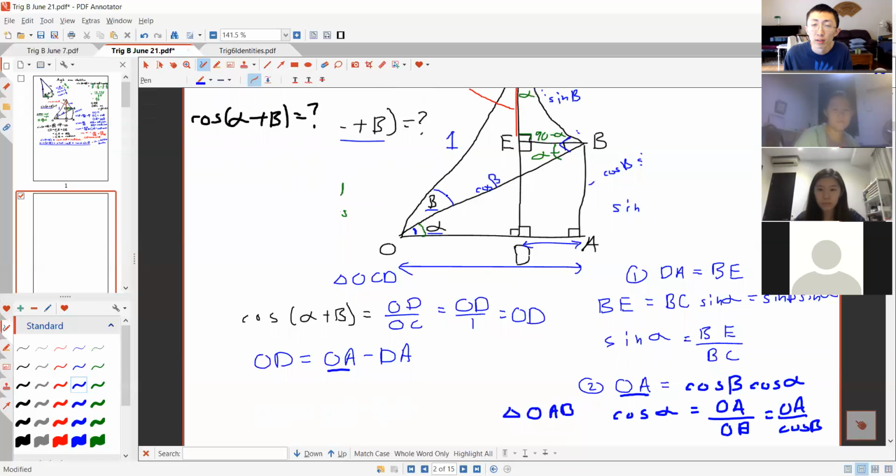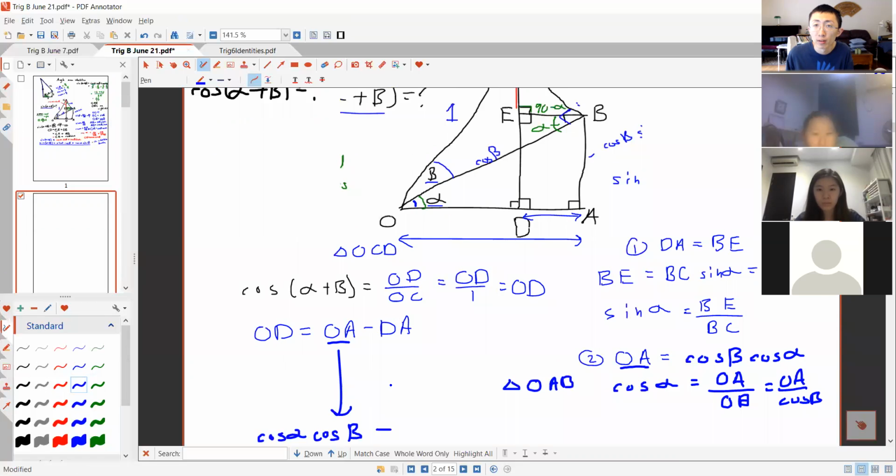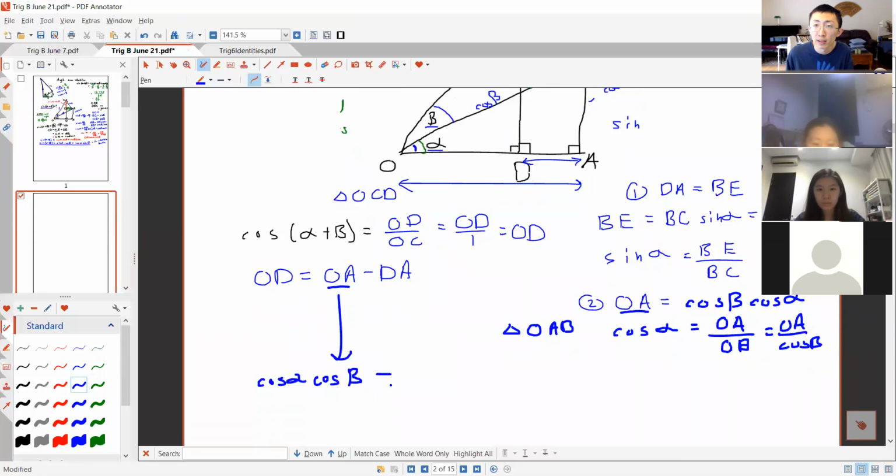Okay, so then we can substitute in. So OA, we just found that to be cos alpha, cos beta. I wrote it in a different order, but it's all multiplied together, so it doesn't matter. And then DA, which is BE, this DA becomes BE, which is sine alpha sine beta.